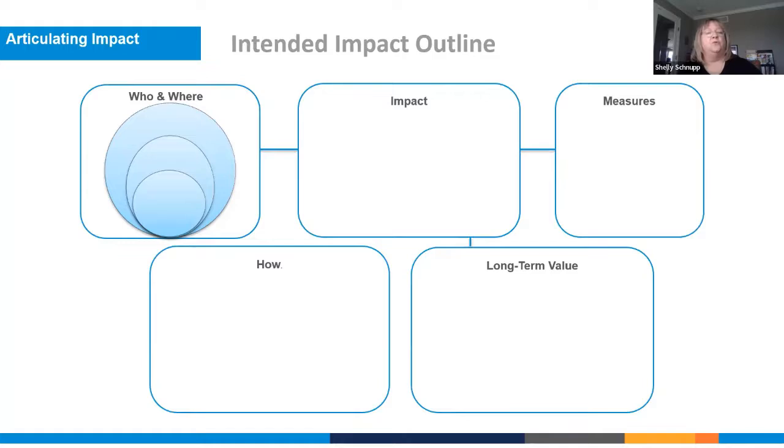There's that who and where section, a section for impact where we can just talk about what we think the impact of the organization is. People can offer their individual perspectives. How we believe we measure, how we do what we do, and sort of the long-term value.